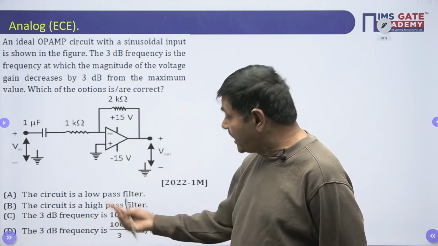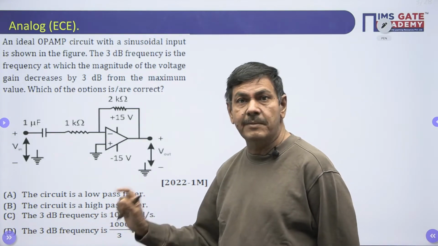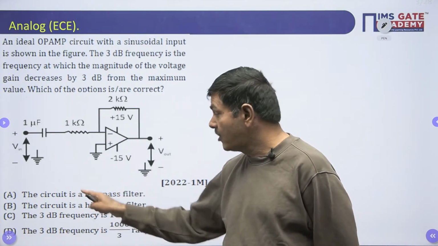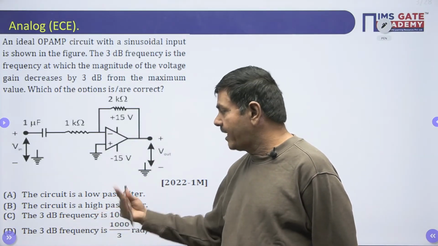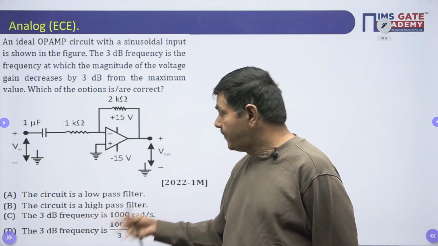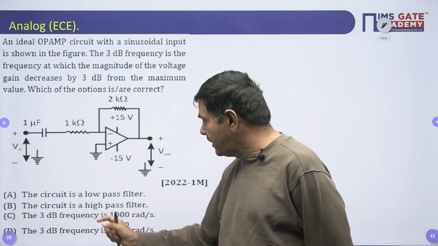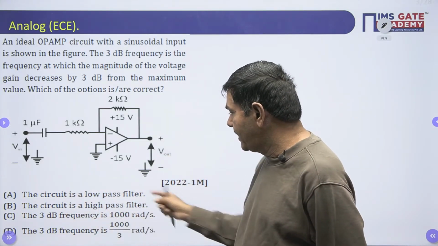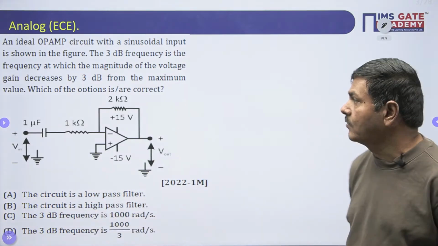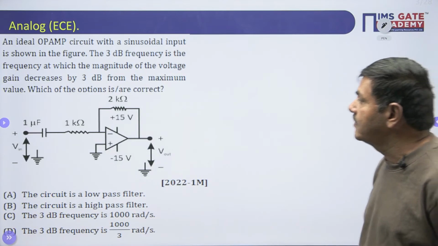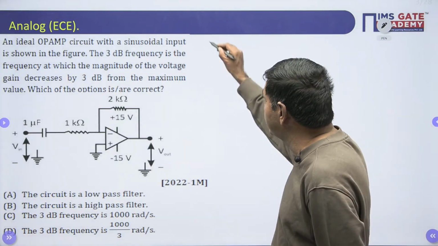Second, the 3 decibel frequency is also required. The 3 decibel frequency is very important now, because it is given in the options also. Calculate that value also. If the 3 decibel frequency you get matches what was given in the problem, then we can pick it. Anyhow, I will do this question easily. You can understand the method to do it.